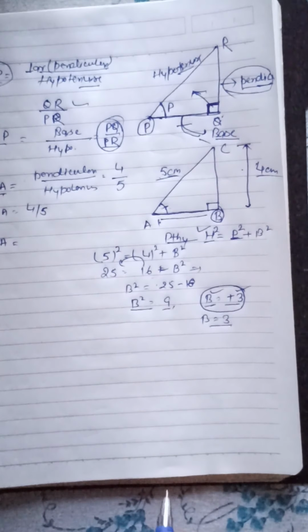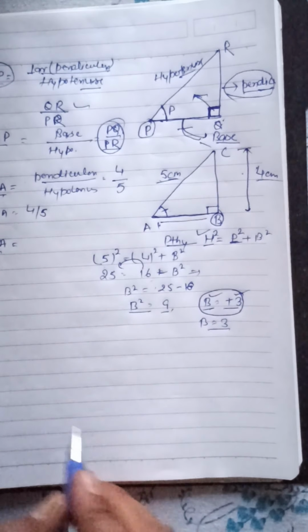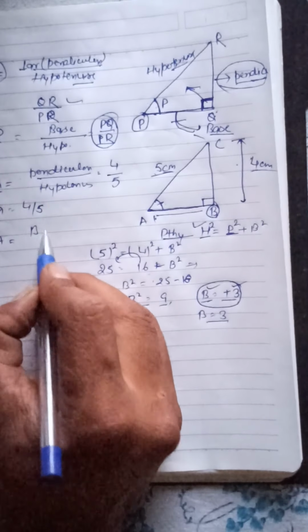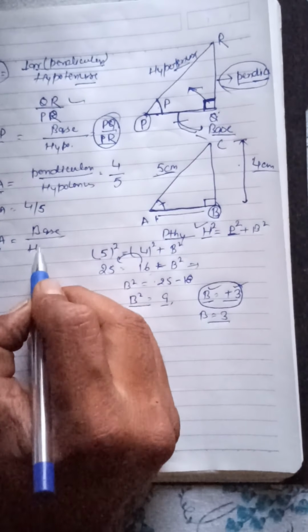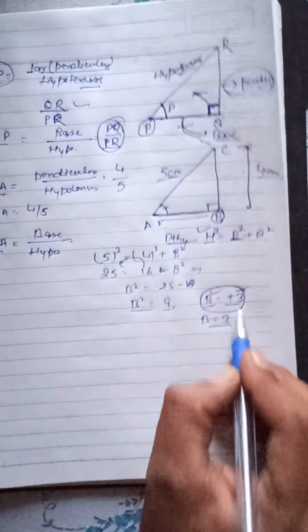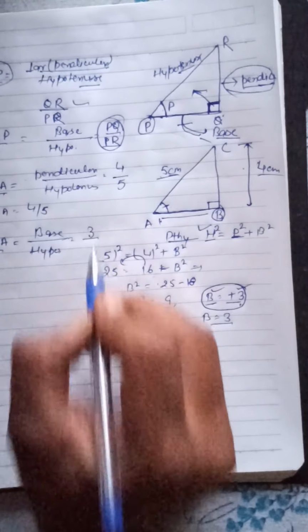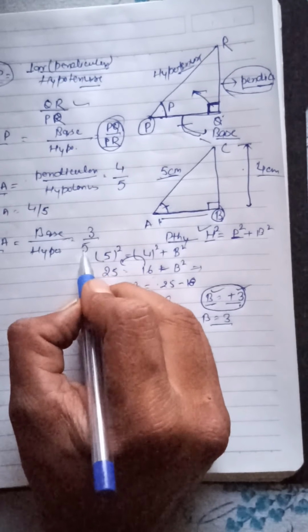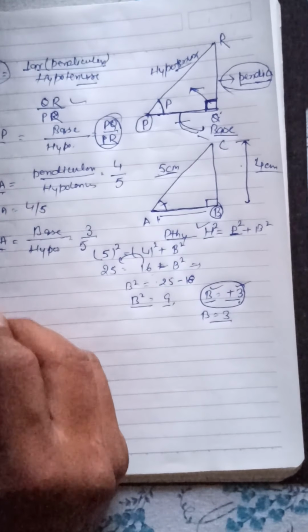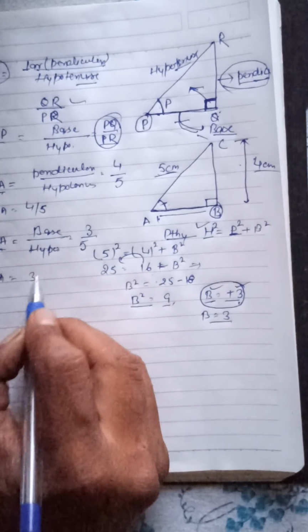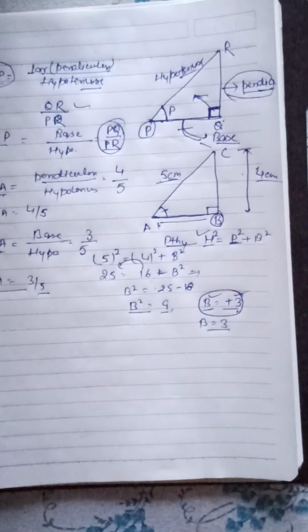Now you have to find cosine of A. Cosine of A is base upon hypotenuse, right? The base is 3 and the hypotenuse is 5. So cosine of A is equal to 3 by 5.